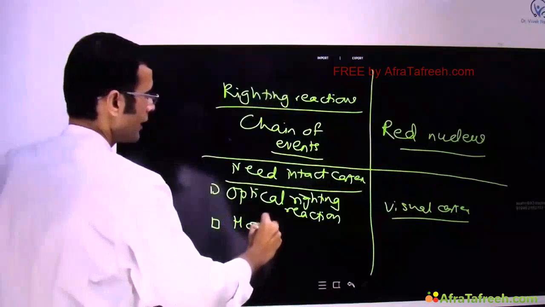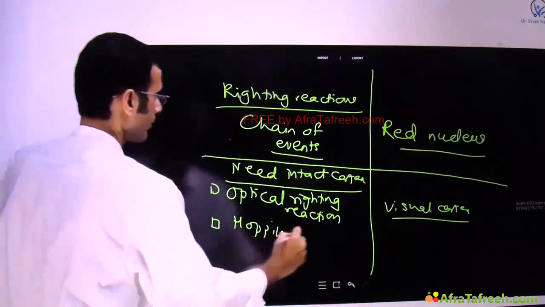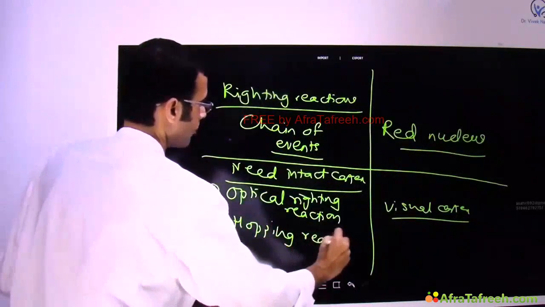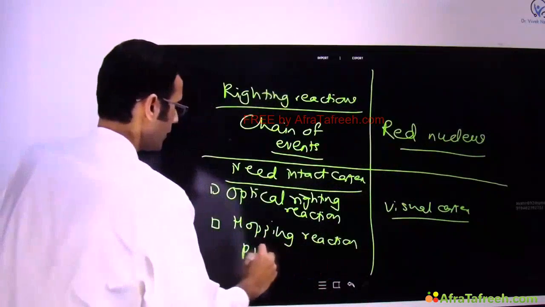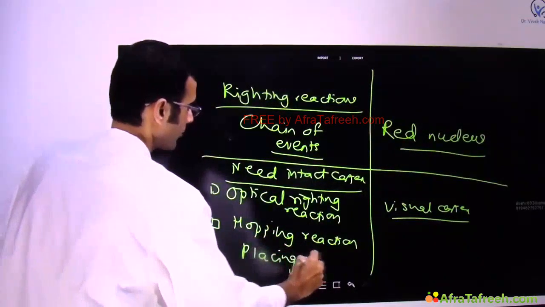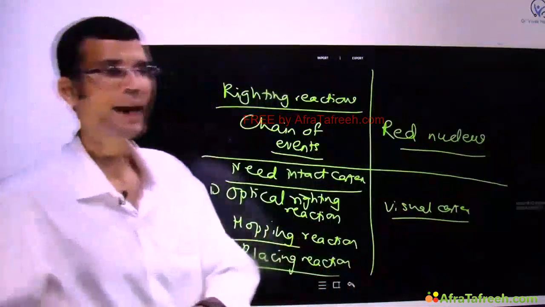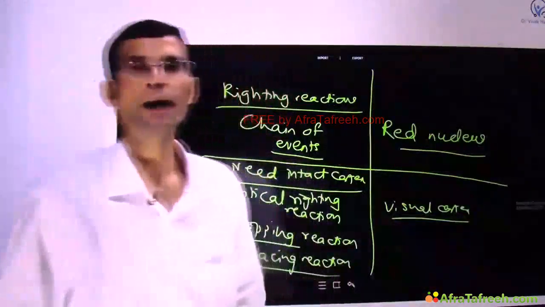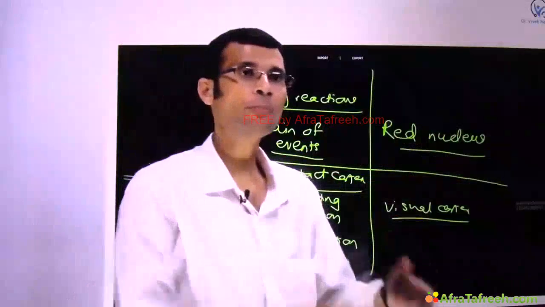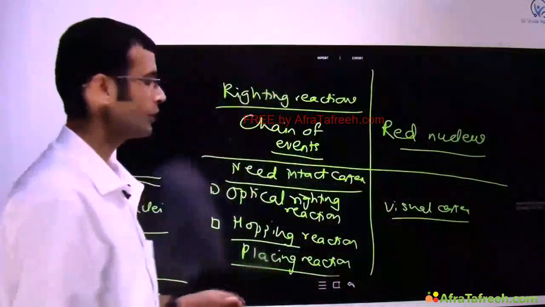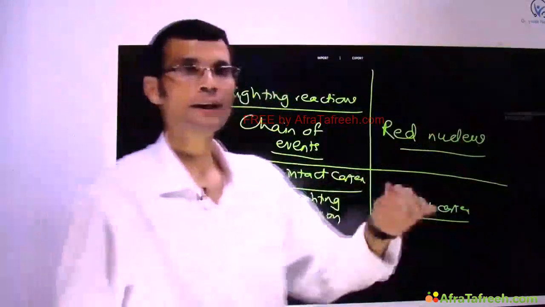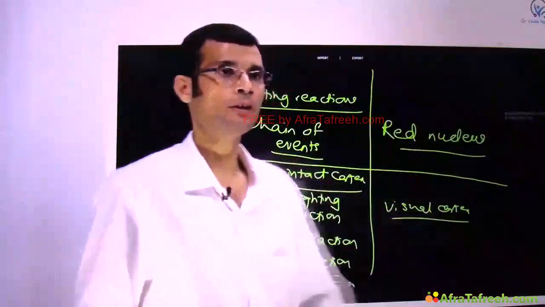Hopping reaction and placing reaction. If you are displaced laterally, how do you prevent the fall? How do you maintain the upright posture? You hop. You take 2-3 steps and hop.